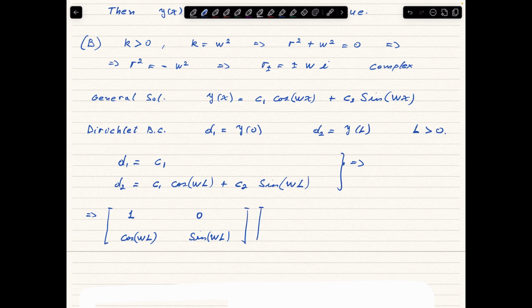This has to act on the constants C1, C2, and the result has to be the constants D1, D2.